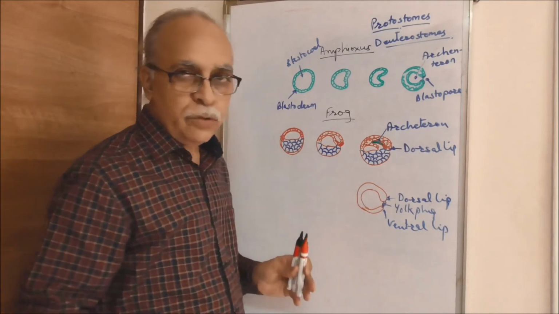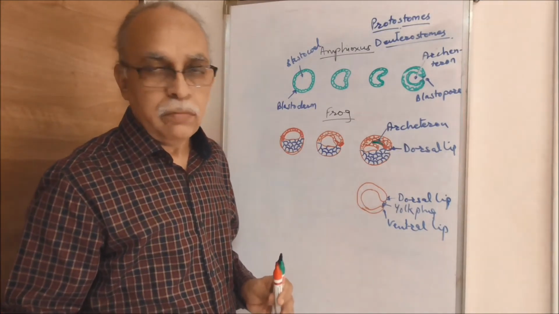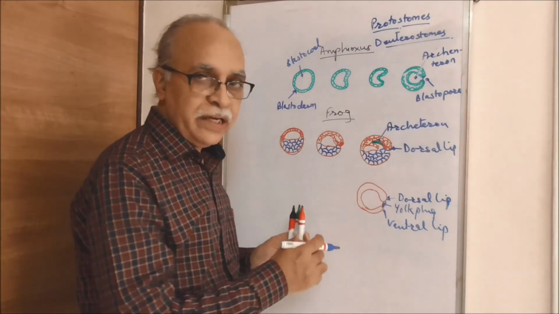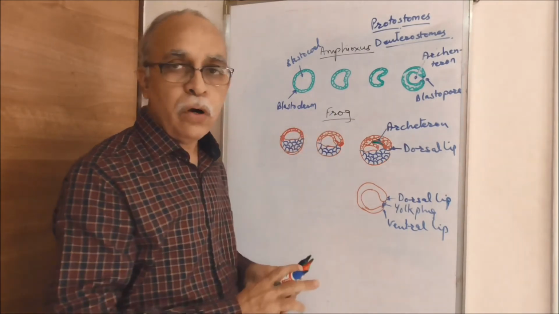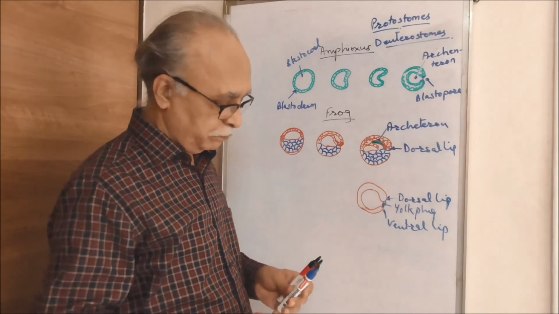So here the gastrulation is by involution. The layer kind of grows inside, develops inside. That happens in frog, or let's say an amphibian.